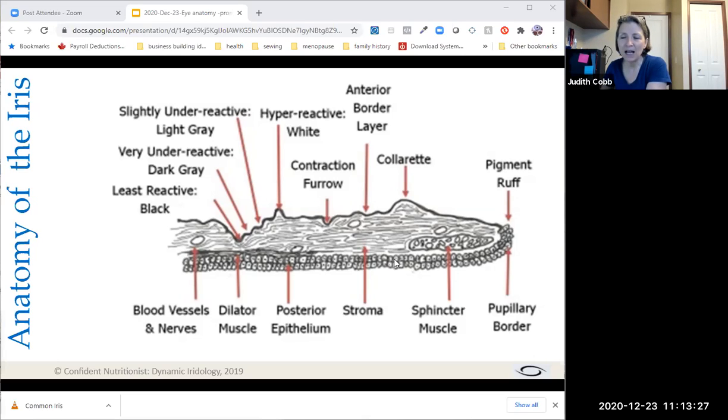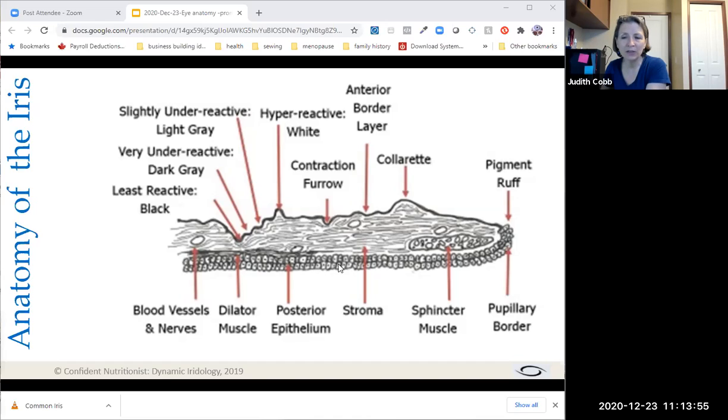These black cells wrap around this inner edge of the iris so that they create a bit of a frame edge, if you will, to where the pupil is. Now, this posterior epithelium, that's what these layers are called, the posterior epithelium, again, is black.